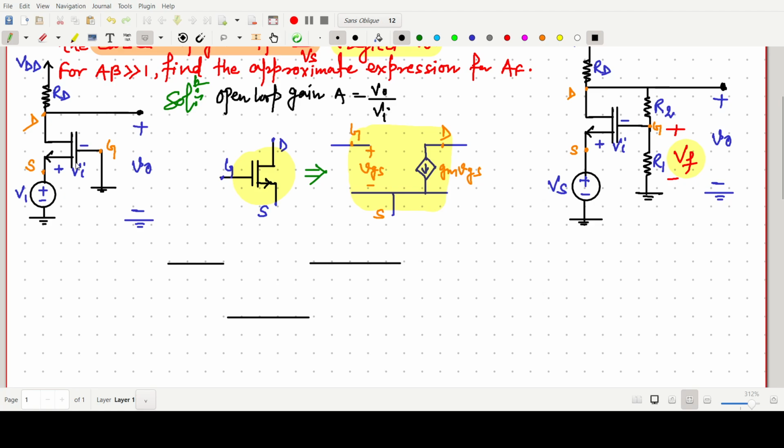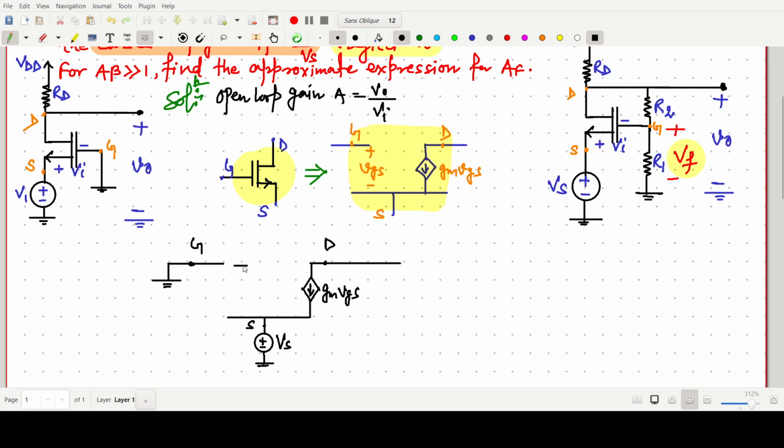The source is simply connected to Vi, so I am saying this voltage is plus minus Vi, we can write it Vs. This one is our gate in, this one we can say the source in and drain in, and the AC equivalent model we are making. So this should be gm times Vgs, but here the gate is connected to ground, so we can make it ground.